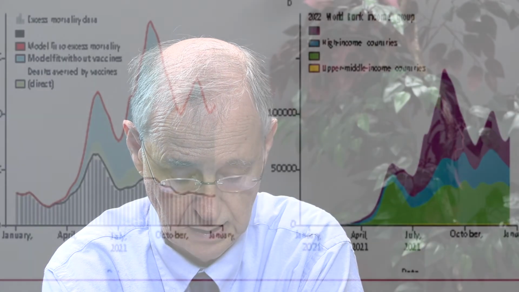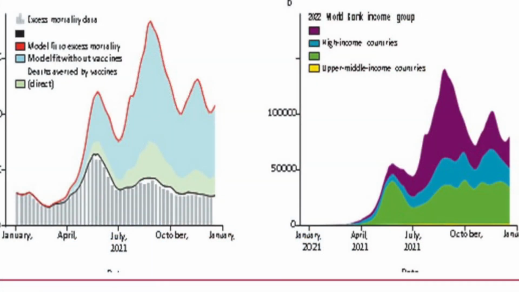But if you look at the left panel here, it shows that the number of deaths that are averted, in between the red line and the gray line, is considerable, and they have the best estimate of 20 million deaths averted by vaccination.